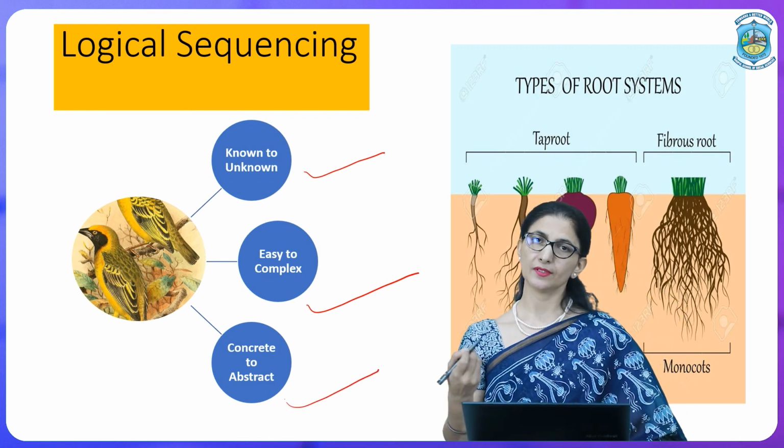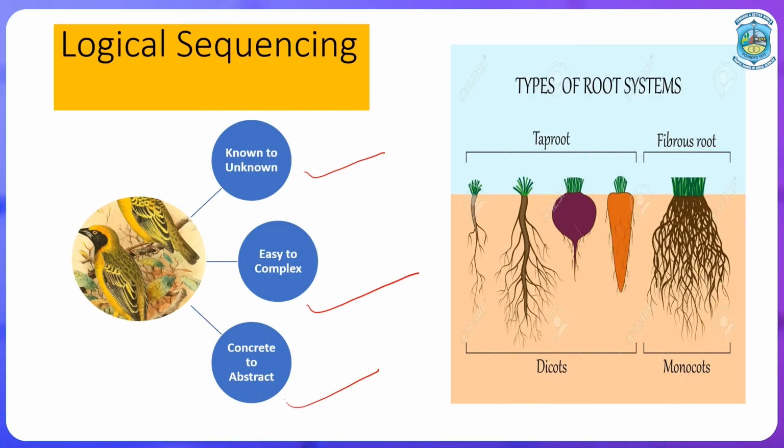For example, first we introduce the different types of vegetables and fruits to students. We tell students to recognize them so they will be able to differentiate them, what is turnip, what is carrot, and then we go beyond that when we talk about root systems, the taproot system and the fibrous root system.